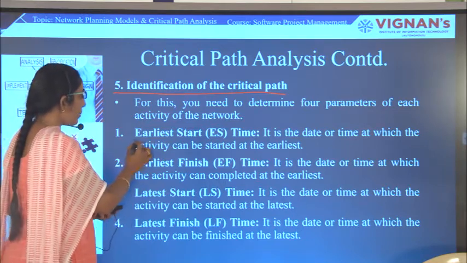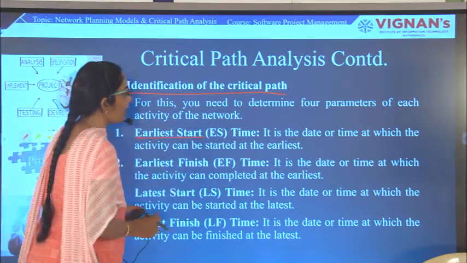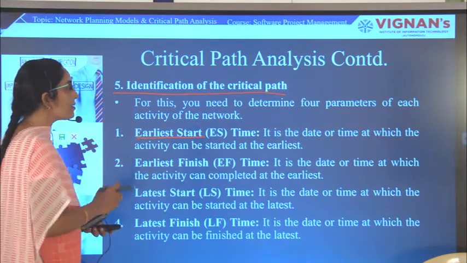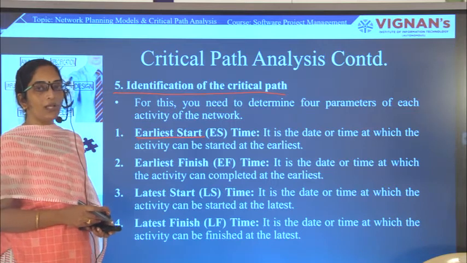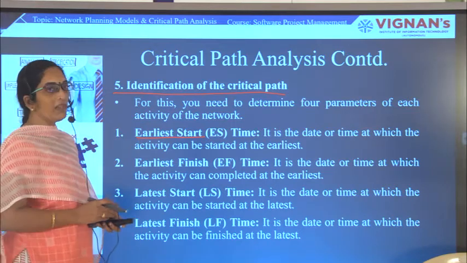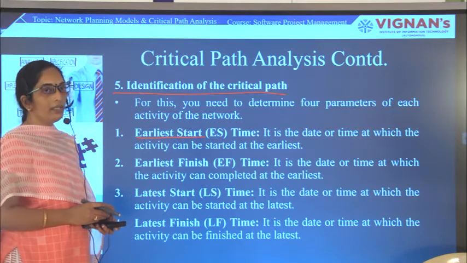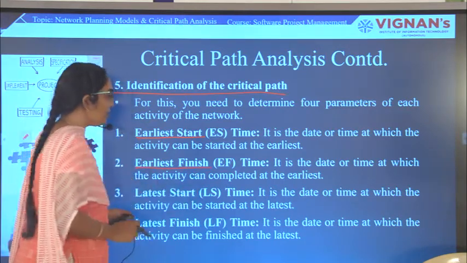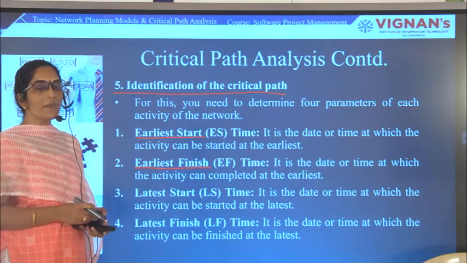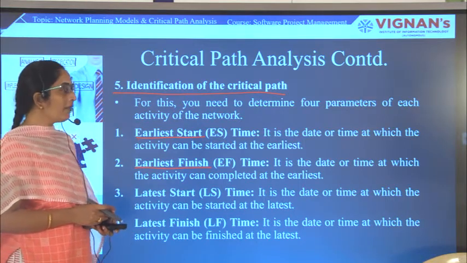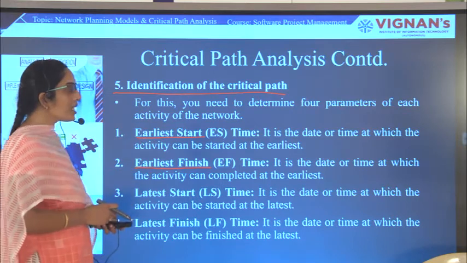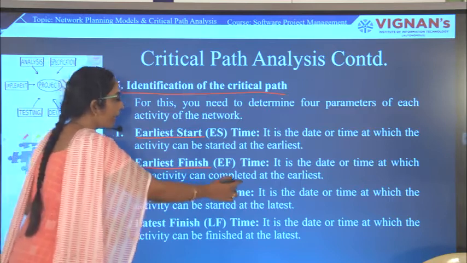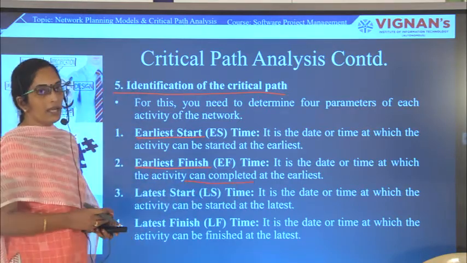The first parameter is earliest start time, represented by ES, which is the date or time at which the activity can be started at the earliest. The next parameter is earliest finish time, represented by EF, which is the date or time at which the activity can be completed at the earliest.